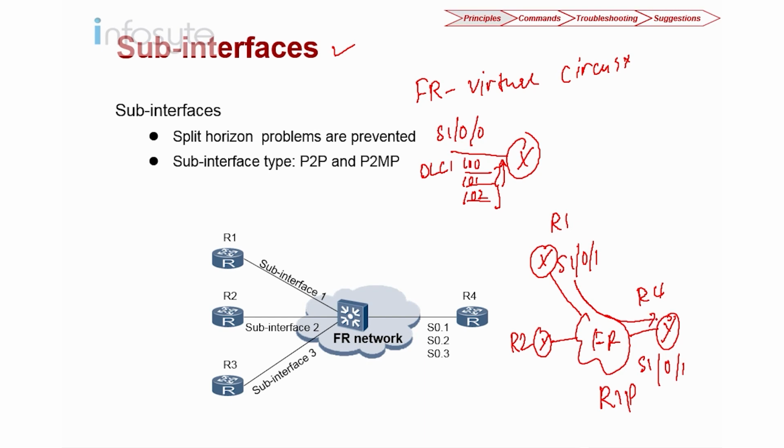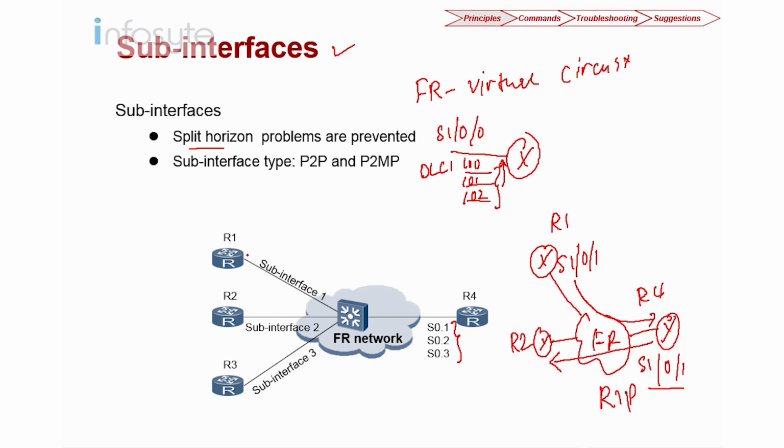There's no problem. But what happens if I have this physical interface and I want to exchange RIP routes to R2? The R1 network that is sent to R4, R4 is going to send back to R2 using the same interface. That is already a violation of split horizon. So to solve this split horizon problem, we are going to create what we call sub-interfaces.